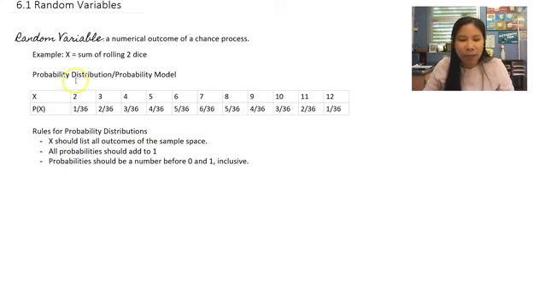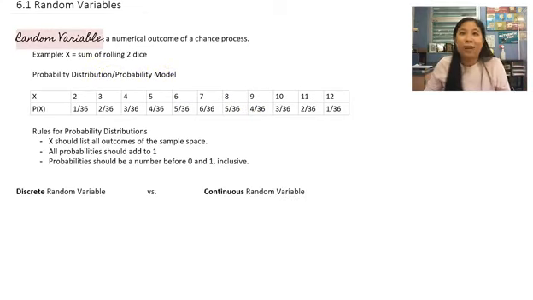Again, obvious, because everything in a sample space should add up to 1. Last one: probability should be a number between 0 and 1 inclusive. That was a basic probability rule we talked about a long time ago. So no negative numbers, nothing bigger than 1.